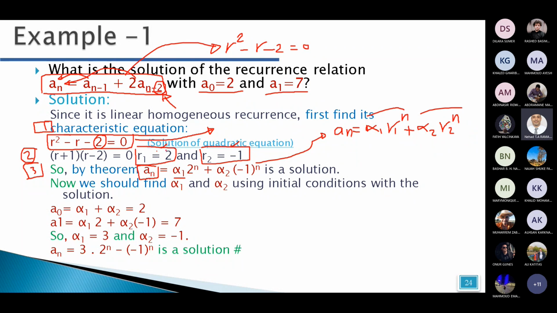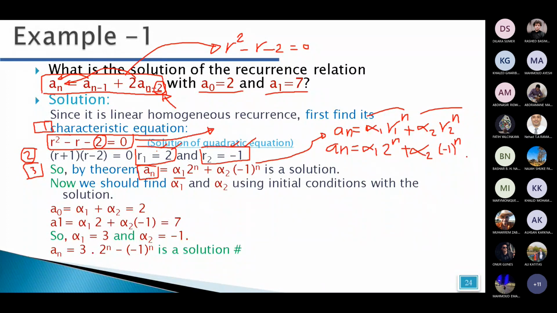Okay, we already have r1 and r2. So a_n equals alpha 1, we still don't know it, and instead of r1, put its value, which is 2, to the power n, plus alpha 2, and instead of r2, put its value, which is minus 1, so minus 1 to the power n.